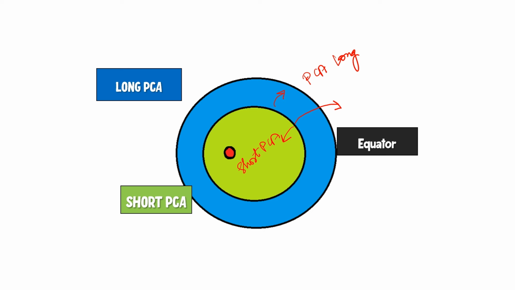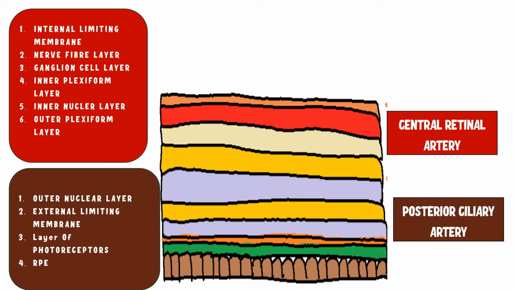So the long posterior ciliary arteries supply anterior to the equator, whereas the short posterior ciliary arteries supply posterior to the equator. And when we are talking about the retina, you have to remember that the central retinal artery supplies the inner 6 layers of the retina, that is your internal limiting membrane, the nerve fiber layer, the ganglion cell layer, the inner plexiform, inner nuclear, and the outer plexiform layer.